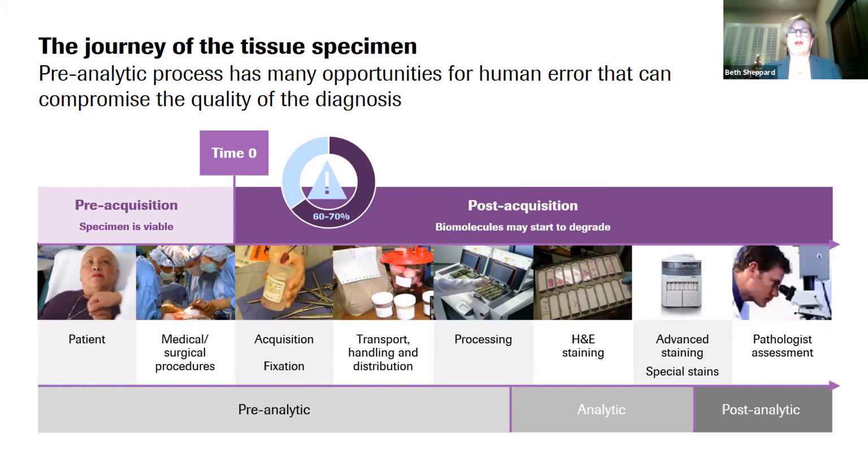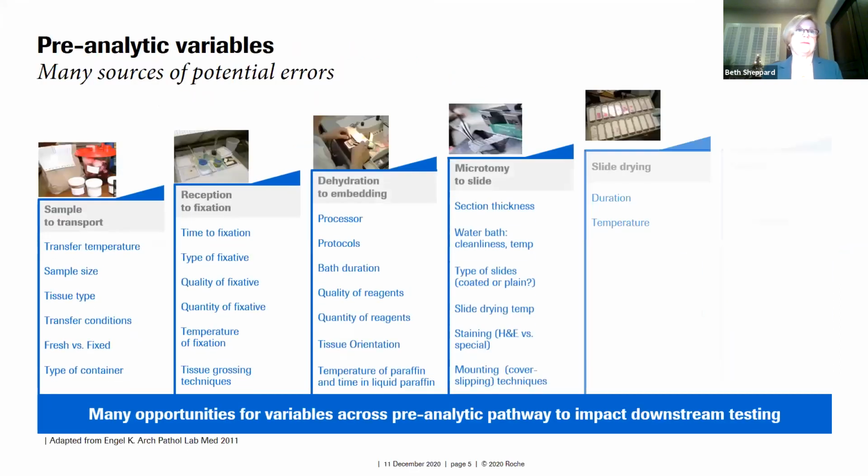You will find, and I'm going to say pre-analytic, but if you are interested in ISO standards, ISO calls these pre-examination. So not to be confused if you are an ISO laboratory.